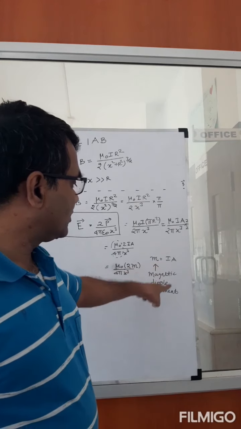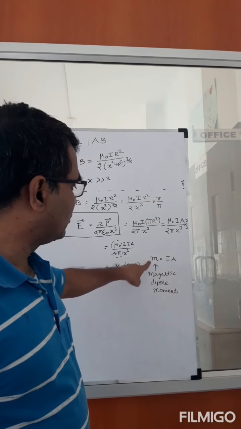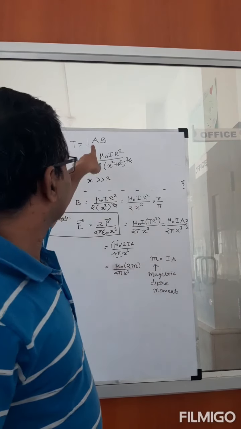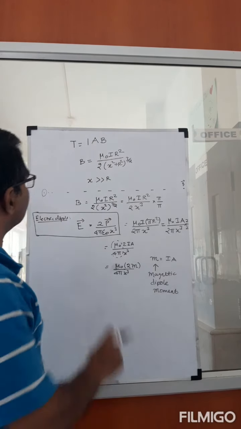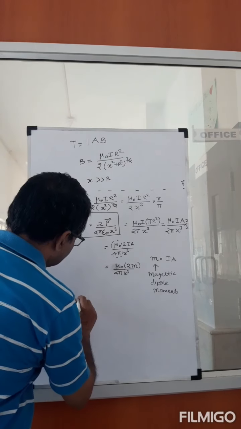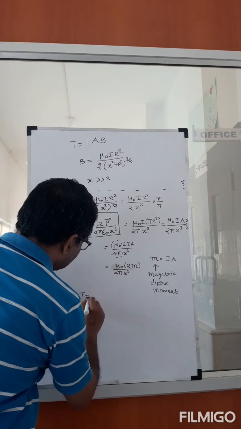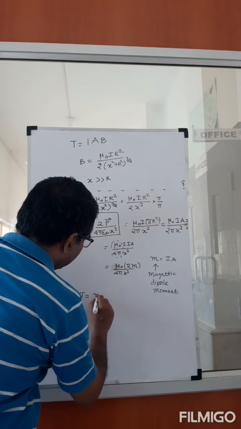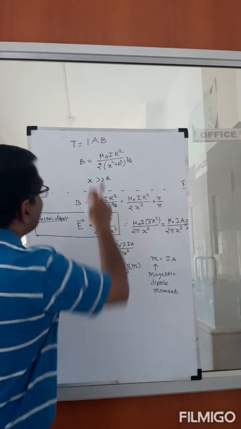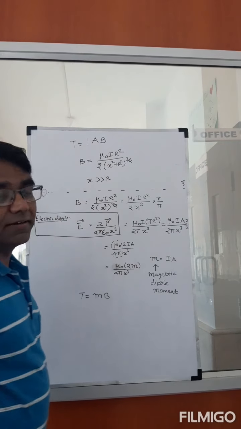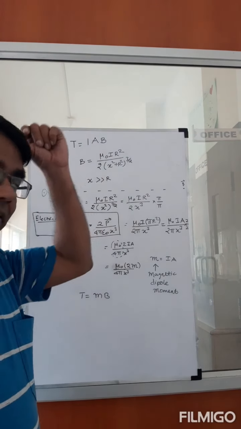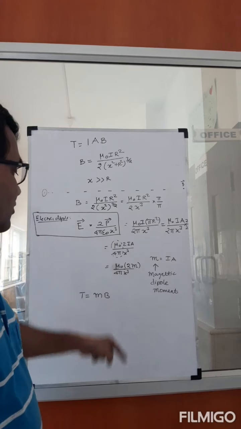So once you define the magnetic dipole moment as IA, I can come back and say my torque is equal to mB, because m is equal to IA. Here you have direction. Which direction are you going to associate?